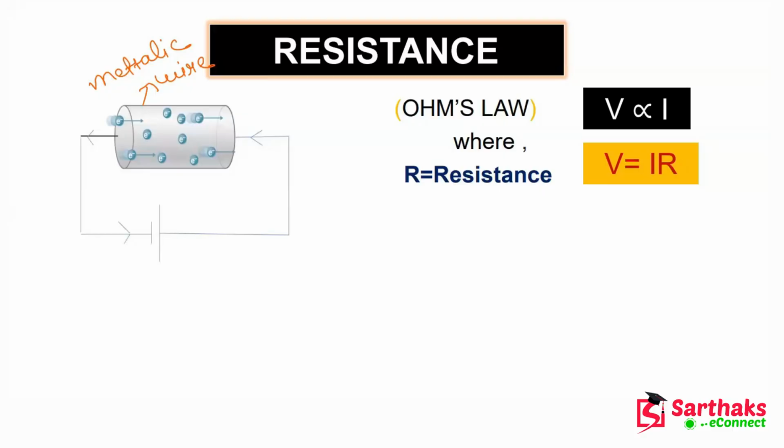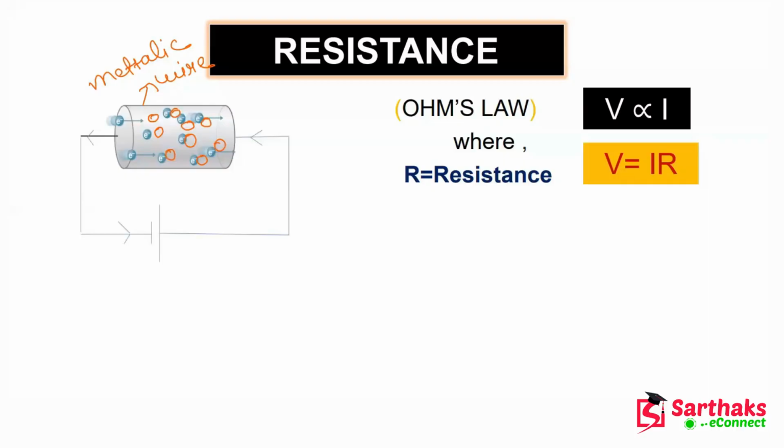Now, on the way, while moving towards the positive terminal, they will have to collide with particles, because there are lots of particles on their way. Because of this collision, the current, or the rate of flow of electrons, will be decreased.